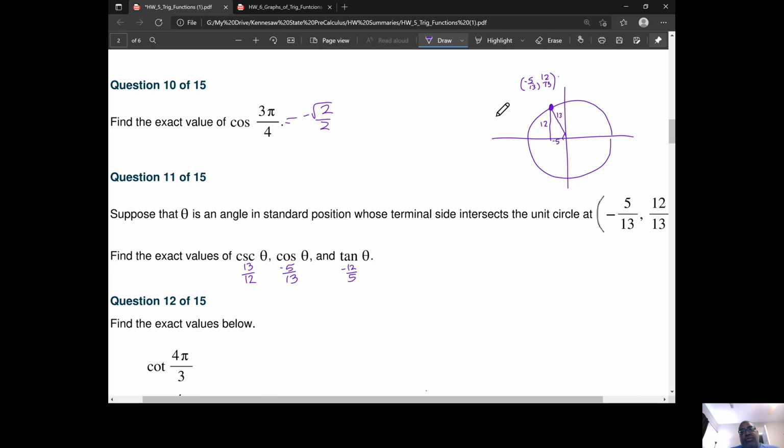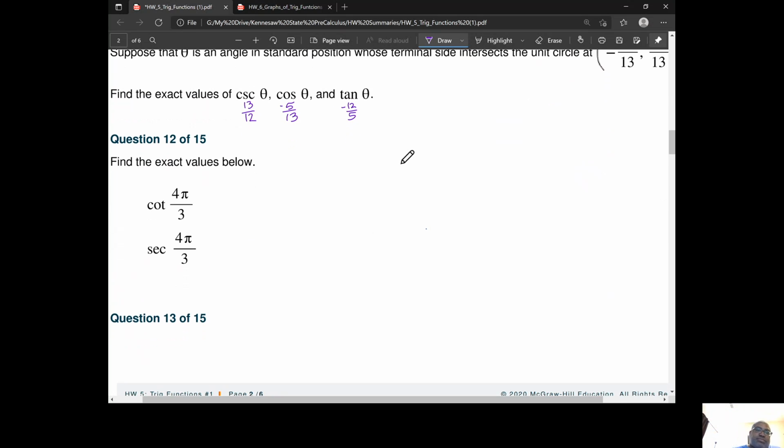Note the point always can create a triangle. The coordinates of your points are your cosine and sine values. You can easily find your tangent from there.